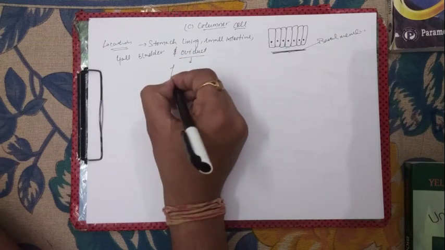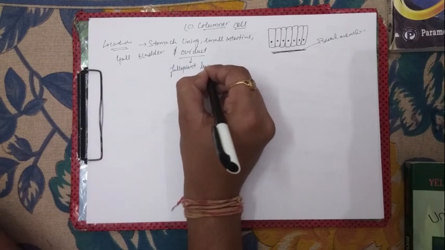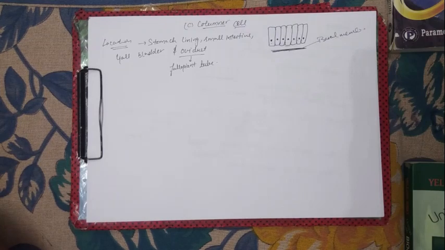Another name of the oviduct is the fallopian tube.